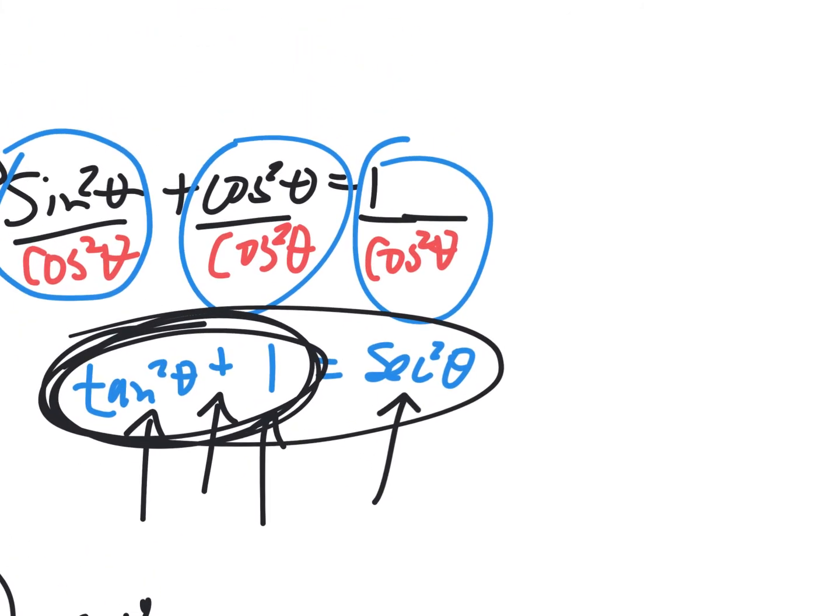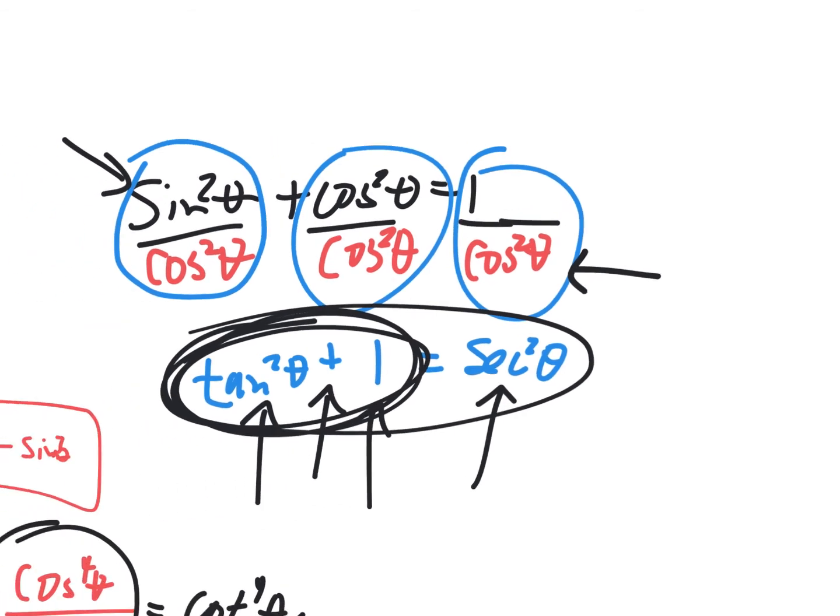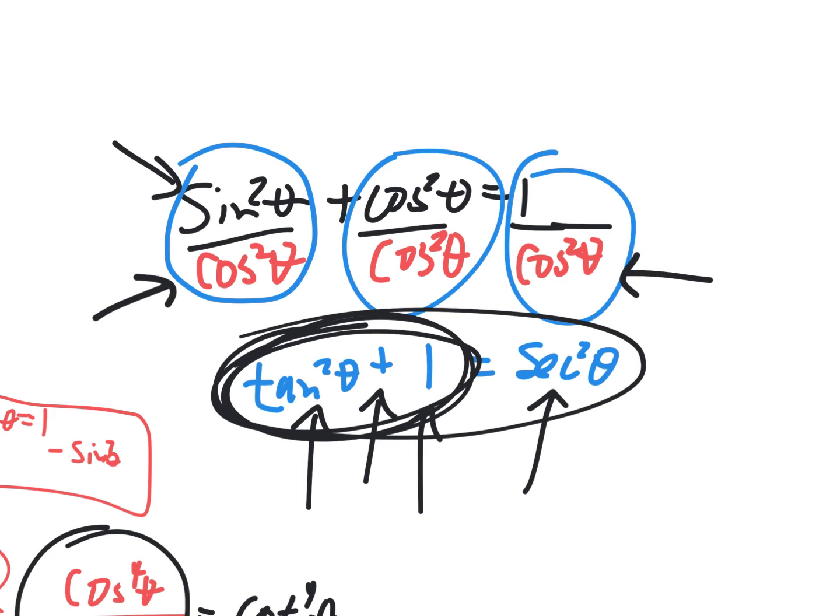And the last one is if I had, instead of dividing this by cosine, if I had divided everything by sine, then this one would have been sine over sine, which is 1. This would have been cosine over sine, which is cotangent, because cosine over sine is cotangent.